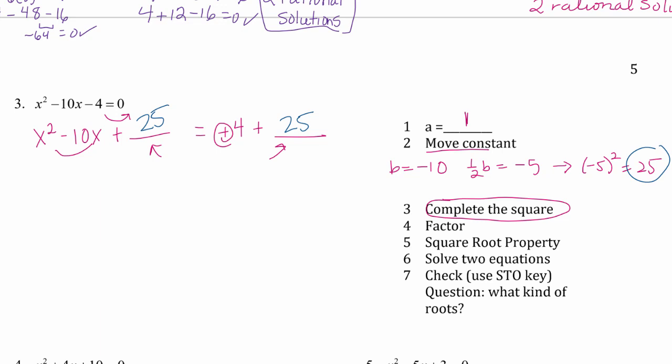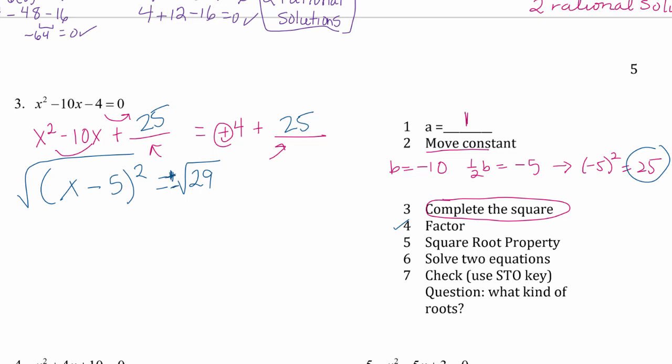All right, cool. Now we're going to factor. x minus 5 squared equals, add the like terms over here, so we have 29. Those two constants, right? Square root property. Square root, plus or minus, don't forget that. Oh gosh, my students tend to forget the plus or minus, so train yourselves: plus or minus.